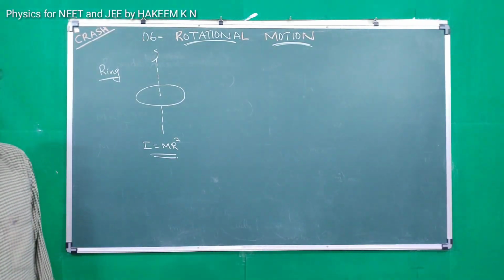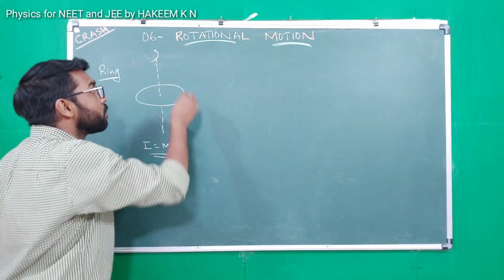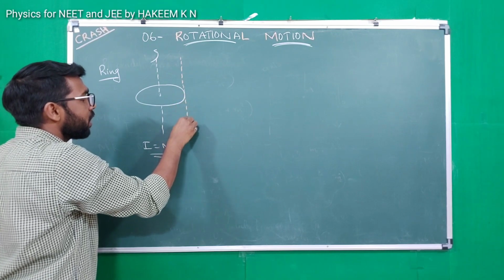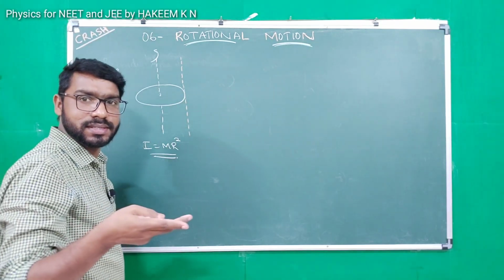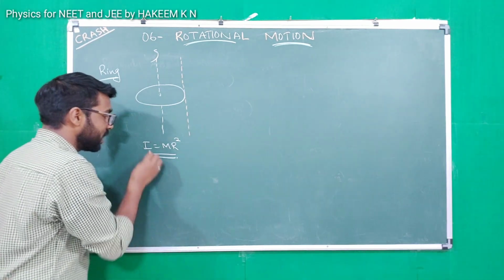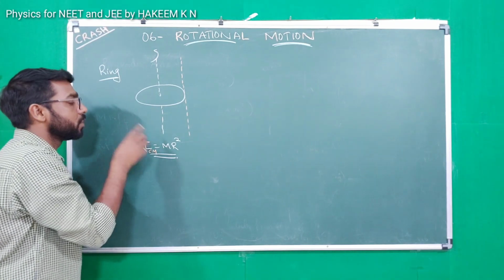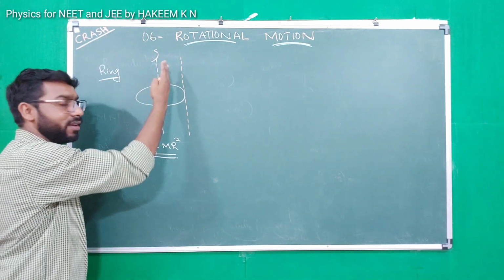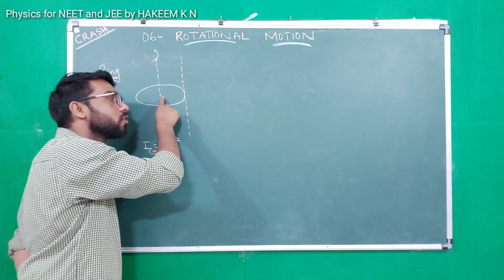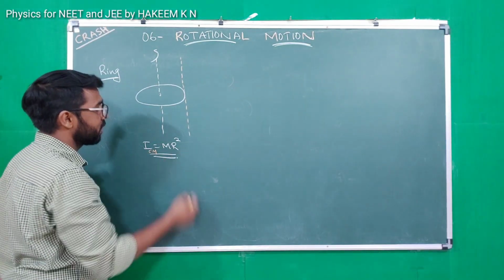Then what is the moment of inertia if the ring is rotating about an axis parallel to this I? So this I we can take as ICM, the moment of inertia of the body when it is rotating about an axis through the center of mass, because for the ring the center of mass lies at the geometric center. ICM is mr square.